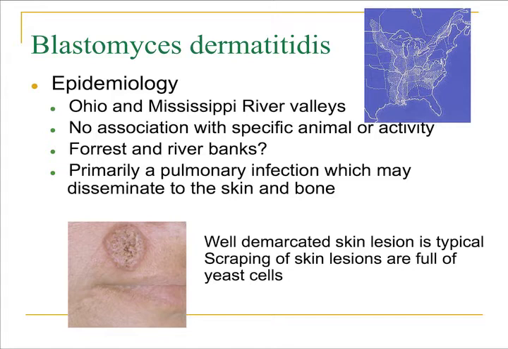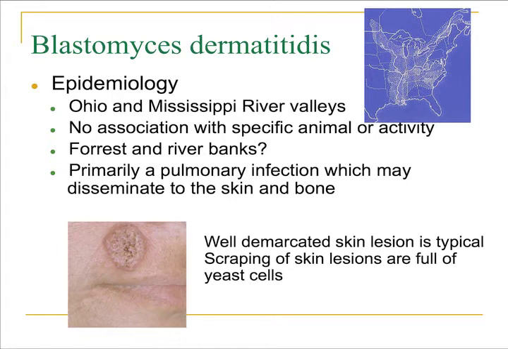Most persons obtaining this infection have been in forested riverbanks, and it is thought this organism most likely grows in the forested areas due to the moisture and foliage in those areas. It's primarily a pulmonary infection, which may disseminate to the skin and bone.